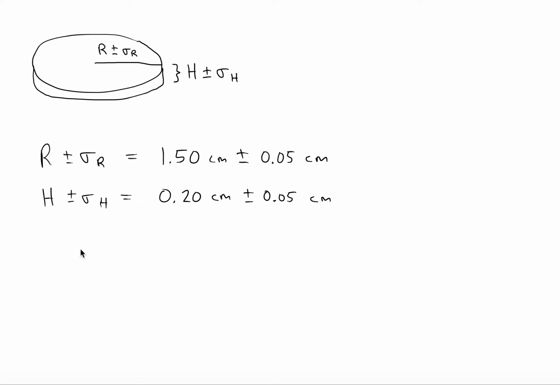All right, so let's say that our goal is to take this half-dollar, whose measurements are a radius of 1.5 centimeters plus or minus 0.05 centimeters, and a height of 0.2 centimeters plus or minus 0.05 centimeters.